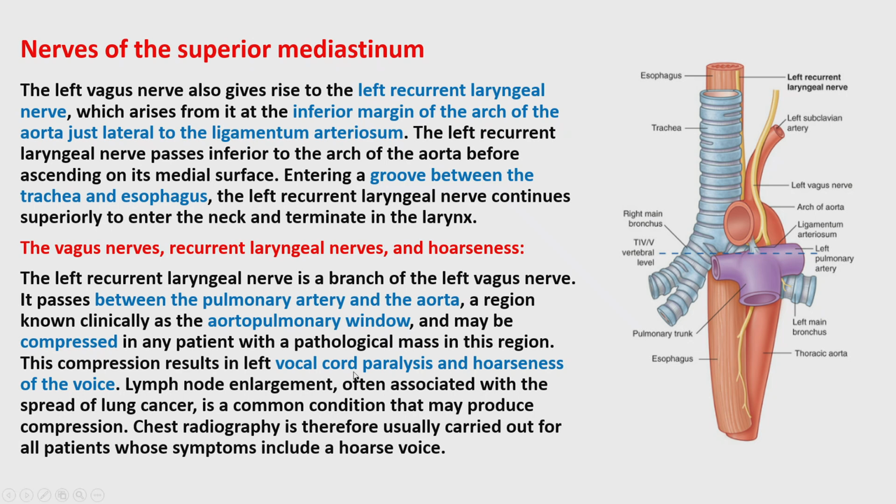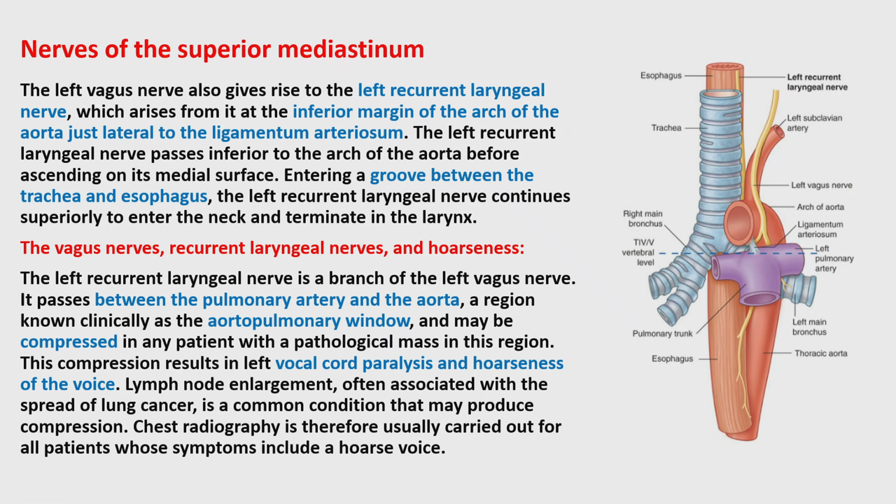Be careful about the passage of the recurrent laryngeal nerve. The recurrent laryngeal nerve on the left side turns around the arch of the aorta, under the ligamentum arteriosum, and goes upward, recurrent, meaning back to the neck, in the fissure between the trachea and esophagus, toward the larynx.